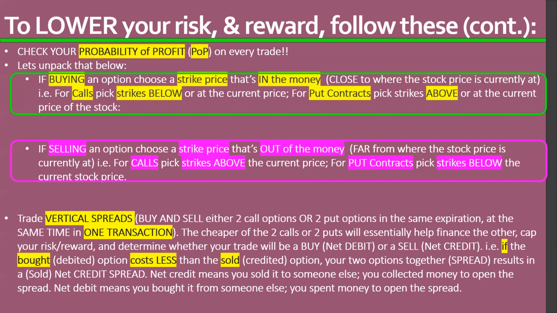That's how you know if you structured your trade right for the spread, because you can have a bought vertical spread, which is a debit spread, or a credit spread, which is a sold spread. So net credit means you sold it to someone else. You collected money to open the spread, and a net debit means you bought it from someone else. You spent money to open the spread.